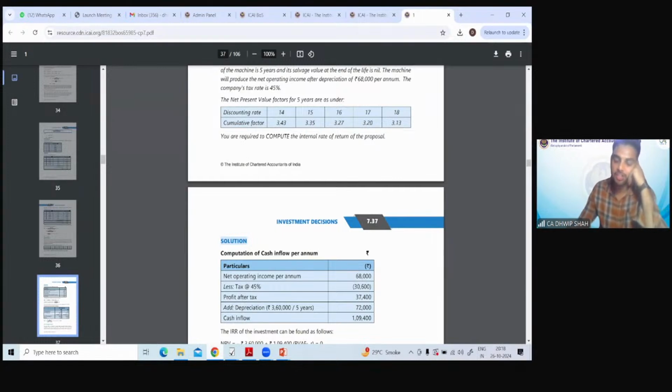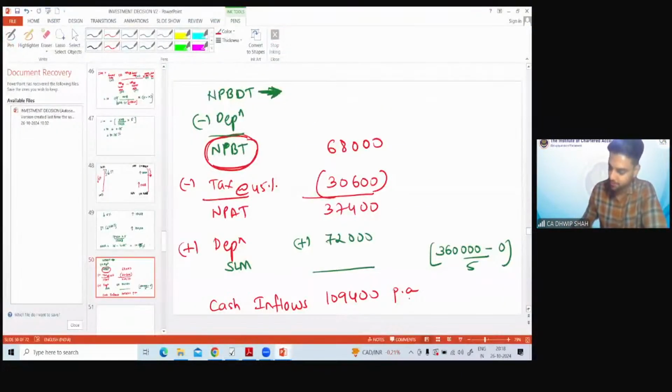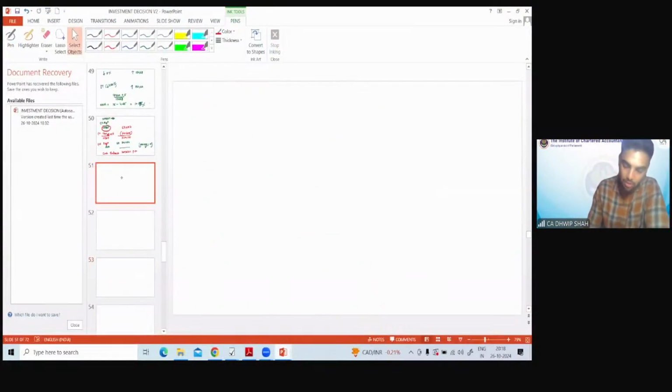Cumulative factor means annuity, PVAF. Cumulative is nothing but summation. The question has also directly given the PVF factor. So cash inflows per annum has to be constant. Understood? So now in this question, they have asked us to calculate IRR.